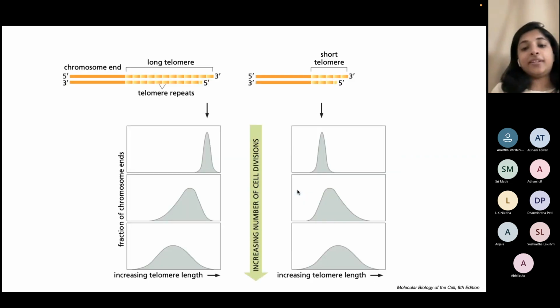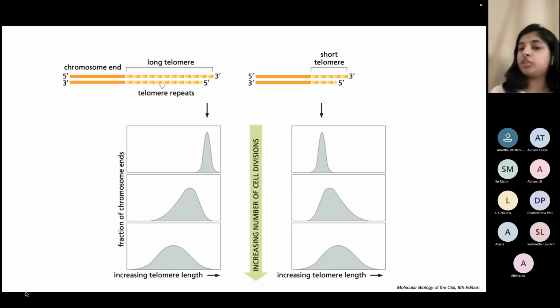And later, there was this other experiment wherein telomeres were artificially introduced into the cell's chromosomal ends, making sure that there's this long telomere present in the cell. And the cells were tracked across generations. So they saw that the length of telomeres kept getting shorter and ultimately reached this average length of telomeres.